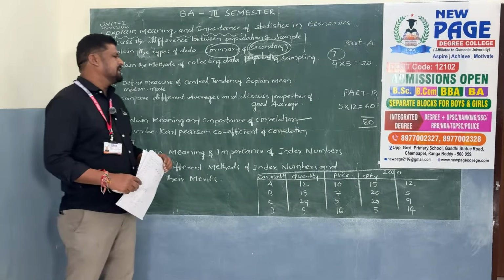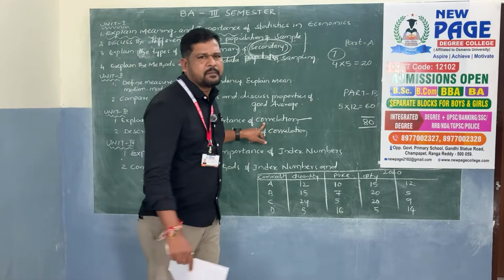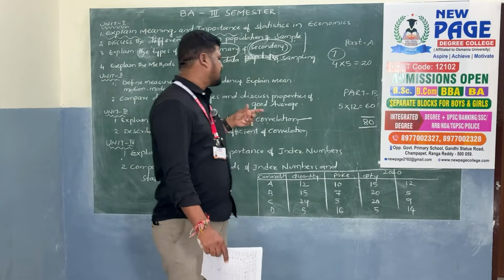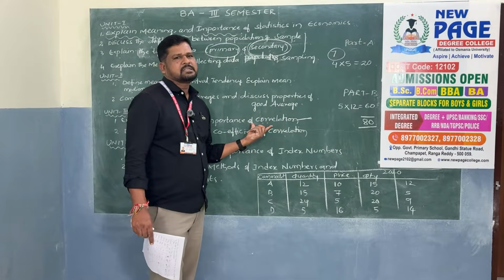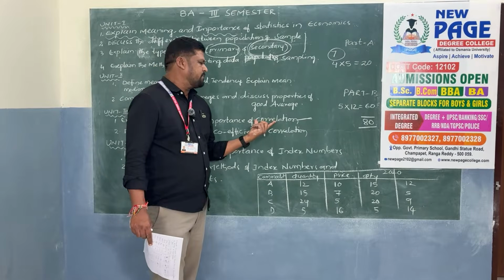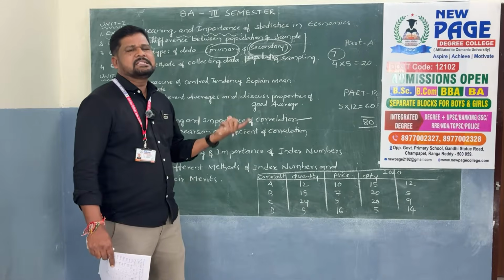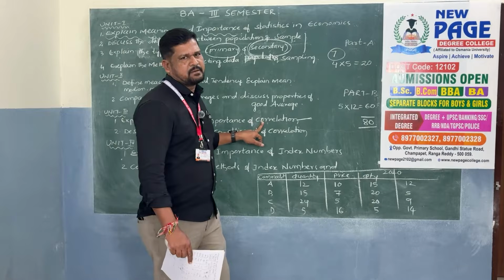Correlation refers to a statistical relationship between two variables. How a change in one variable leads to a change in another variable is called correlation.